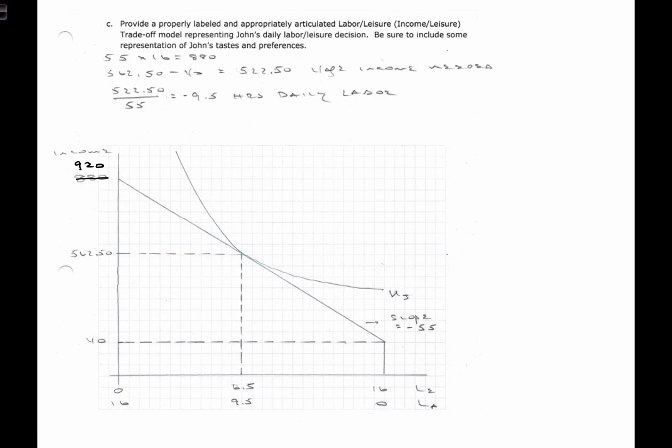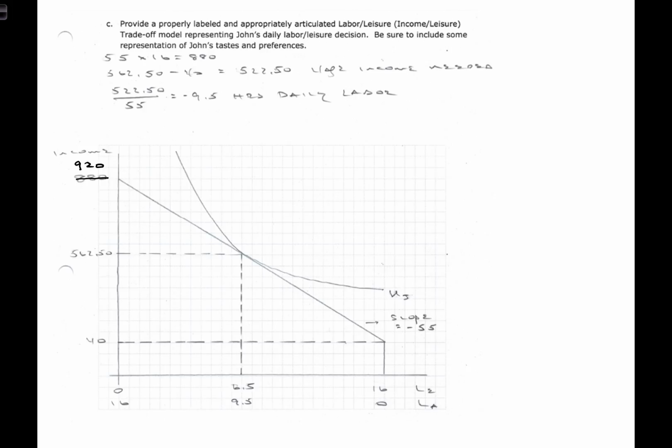And we know that we have 16 hours of available leisure in a day, supposing that there's an 8-hour regenerative period for us as labor units. And so we can go from 0 to 16 hours of leisure. And we also know that if we're at leisure for 16 hours, then we're at labor for 0 hours because we only had 16 hours in our day. So if we're at 0 for leisure, we're at 16 hours of labor.